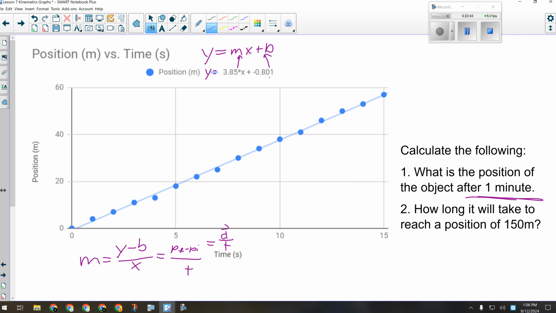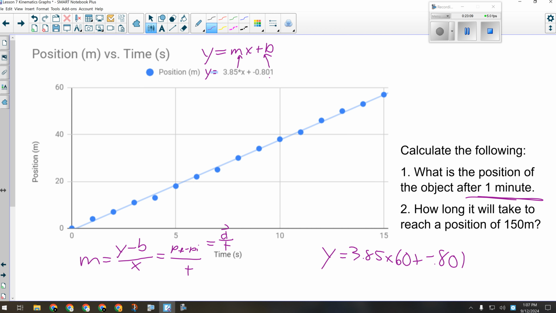Right, so I'm just going to go y equals m, 3.85 meters per second, times 60 seconds, plus negative 0.801. So if I take my displacement and add my initial position, that should give me my final position. Agreed?